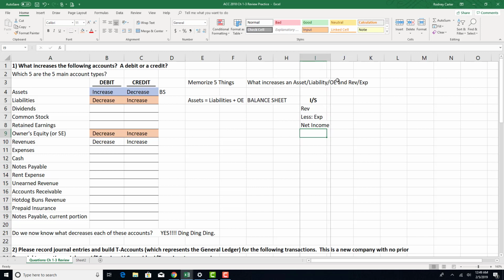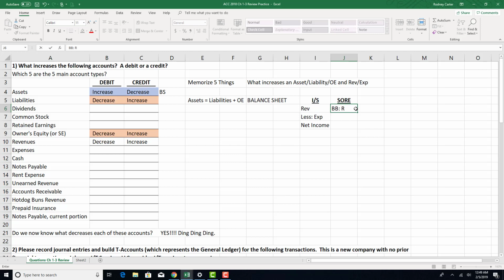The next financial statement is the statement of retained earnings. And that one is beginning balance of retained earnings, add net income less dividends equals the ending balance of retained earnings. So beginning balance of retained earnings, last month's ending balance is this month's beginning balance, plus net income for the current period, minus dividends for the current period equals ending balance of retained earnings.